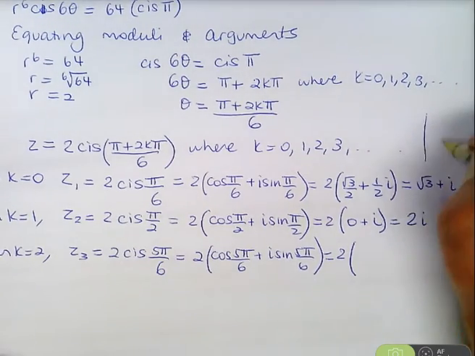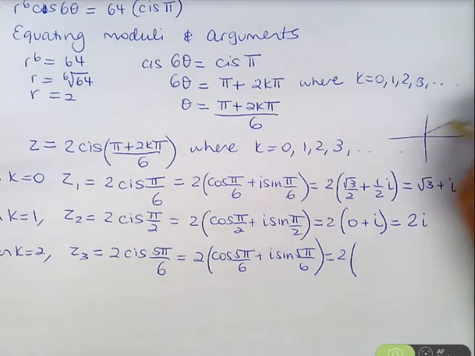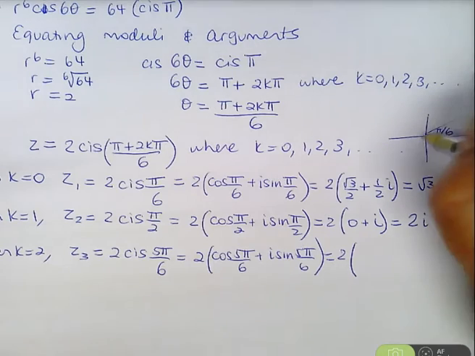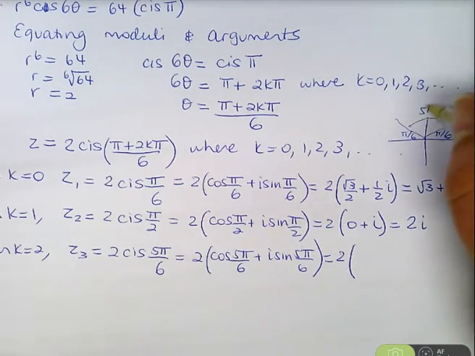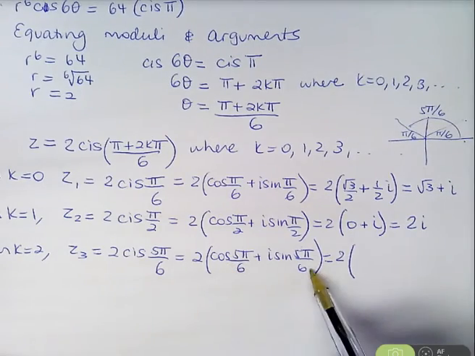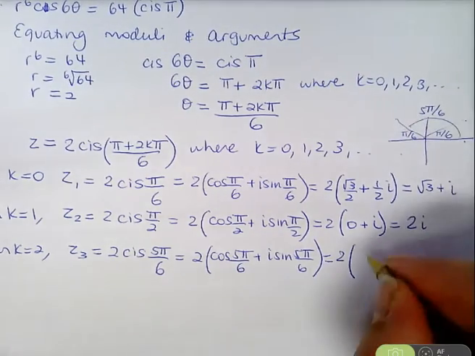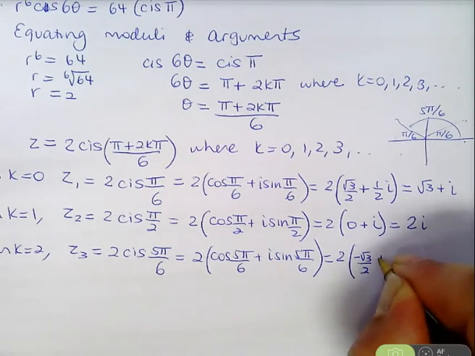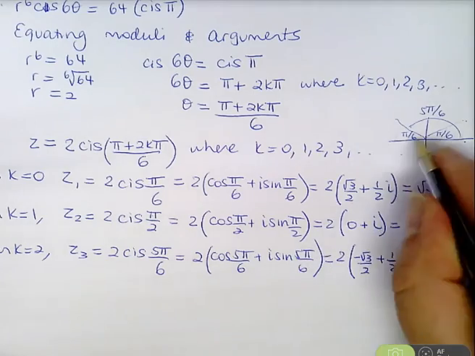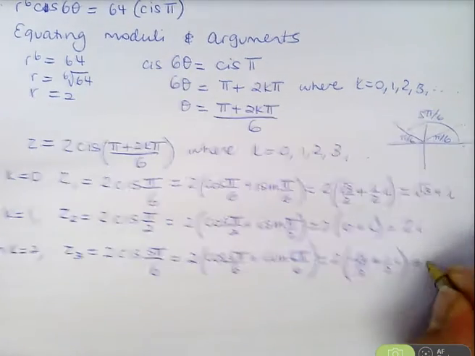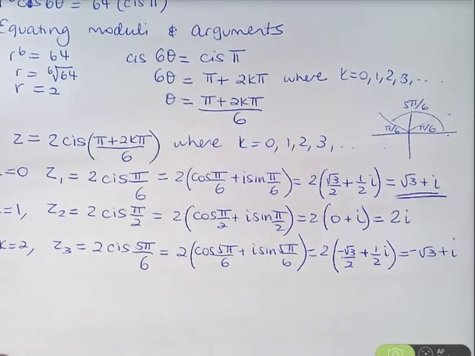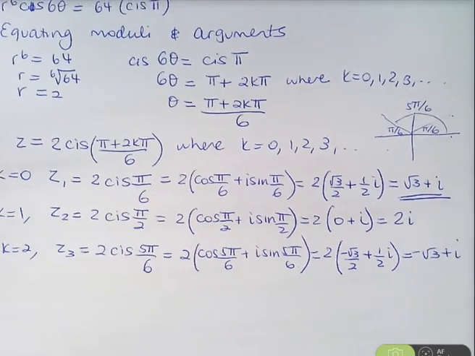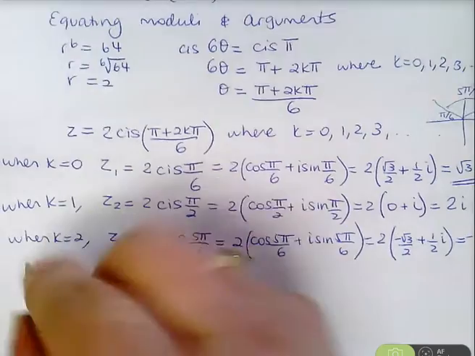Remember we had pi on 6, and 5 pi on 6 is here, with the related angle still 30 degrees. So cos is going to be negative and sine is going to be positive. The related angle is still 30 degrees, so we've got negative root 3 on 2 plus sine 30, which is a half, times i, which gives negative root 3 plus i. Nothing to notice yet, just keep going.